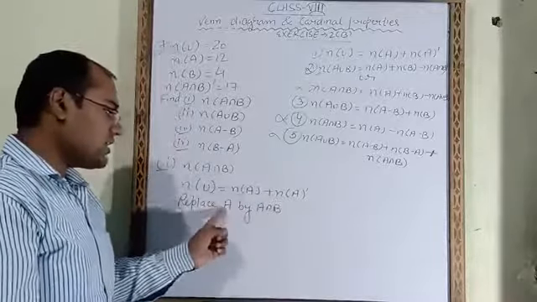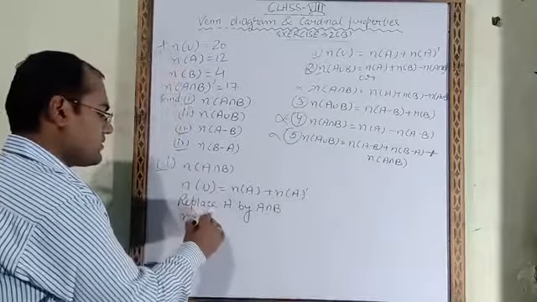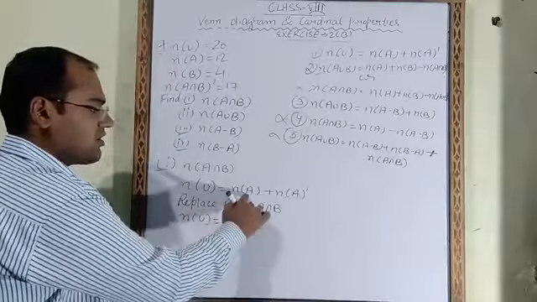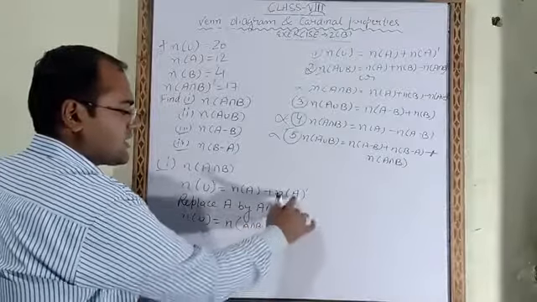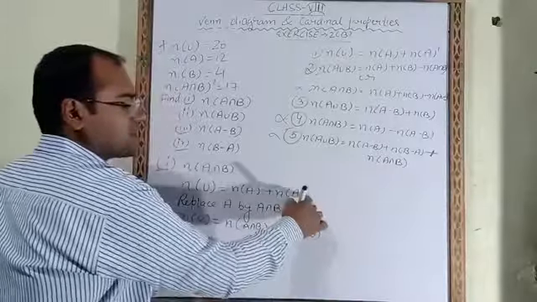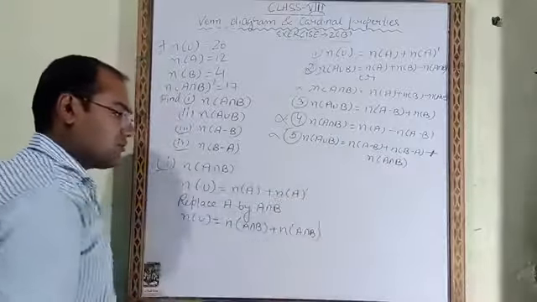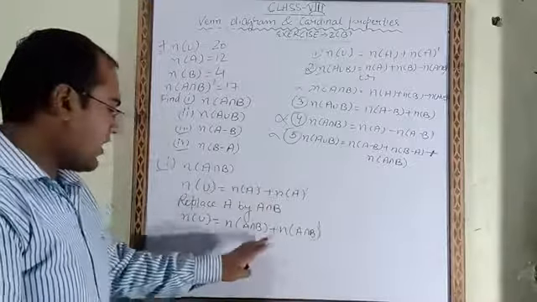Instead of A, we will take A intersection B. So n(universal) is equal to n(A intersection B) plus n of A intersection B, but outside this bracket, complement is there, so we will use complement. So this formula we had changed in new formula, this one.